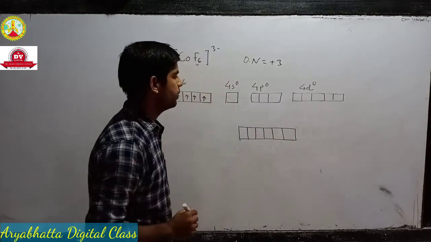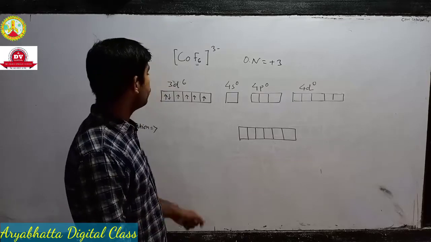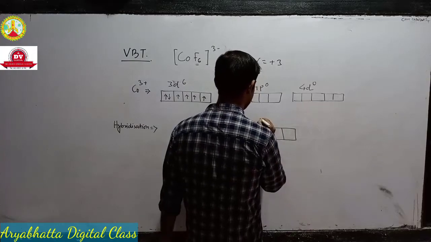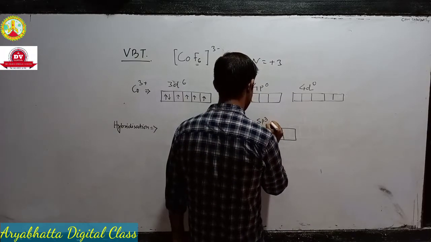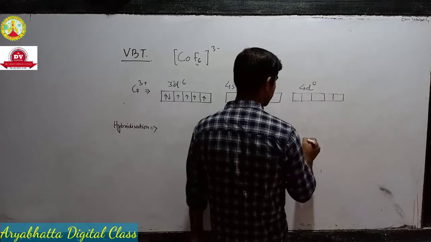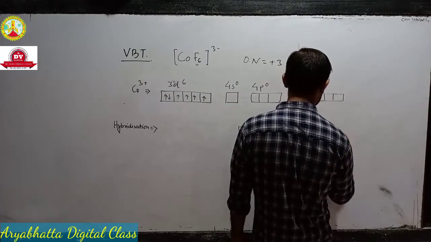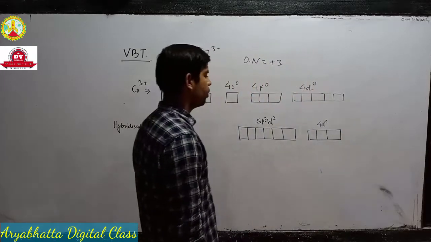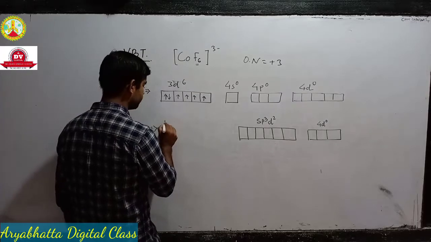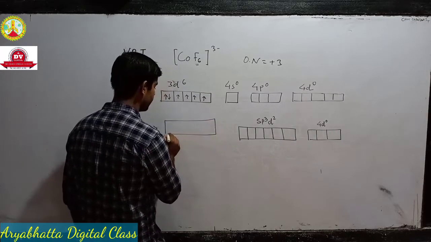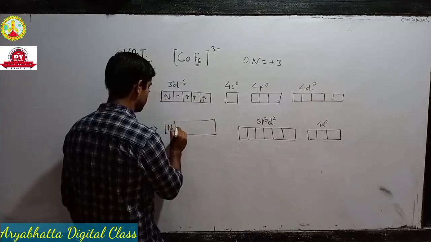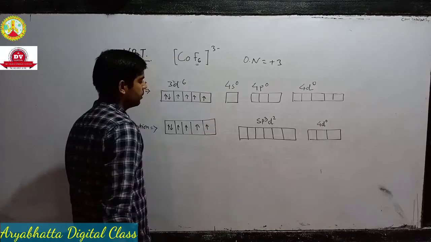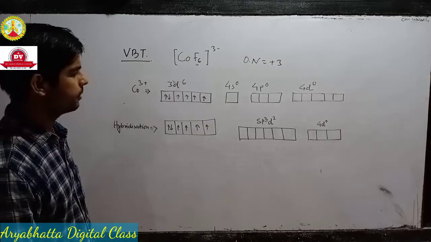But this time, instead of taking the inner d orbital, we will take the outer d orbital. Three 4d orbitals remain vacant, and the 3d electrons will remain as they are.